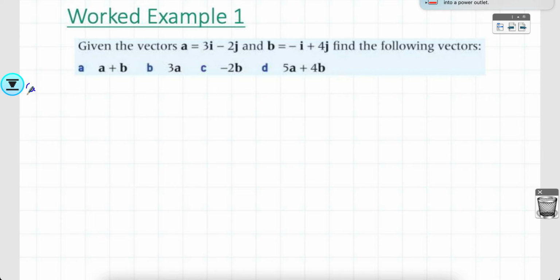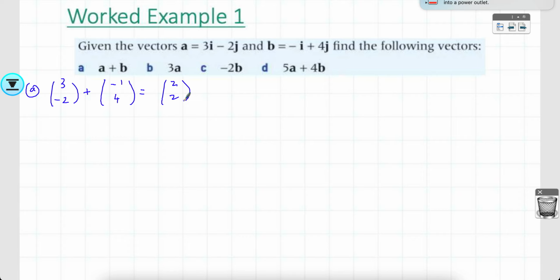So for part A, I'm just adding the two vectors. I know this is 3 and minus 2, and I'm adding minus 1 and 4, and adding them together will give me a 2 and 2 vector. So you can leave it in column form, or you can write it in component form as well, depending on what the question wants.